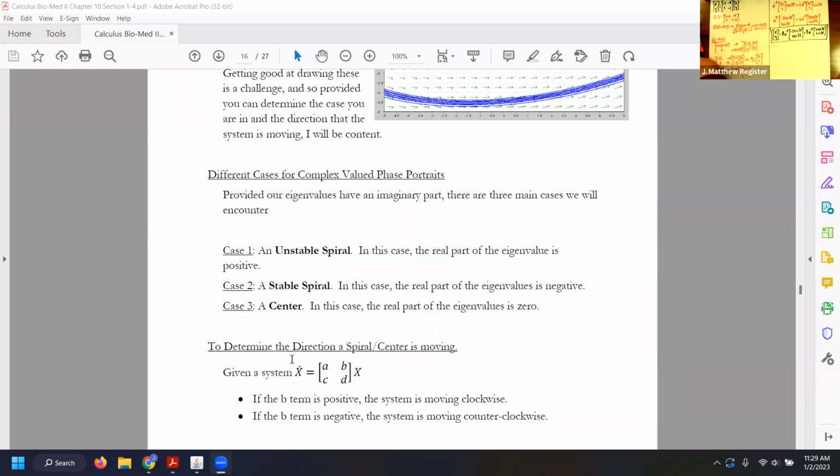To determine whether or not it is spiraling clockwise or counterclockwise, we actually can just look at a single term here, and that is the b value. If this b value that you have in your matrix, and so the first row, second column value, is positive, the system is moving clockwise. If it's negative, the system is moving counterclockwise. And this works for spirals or centers.